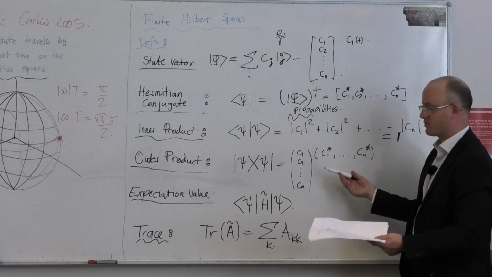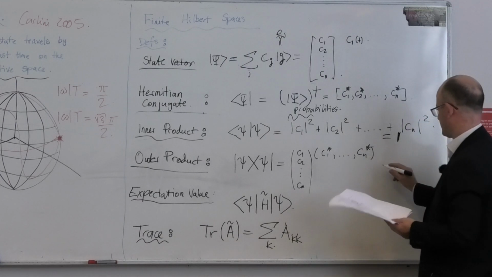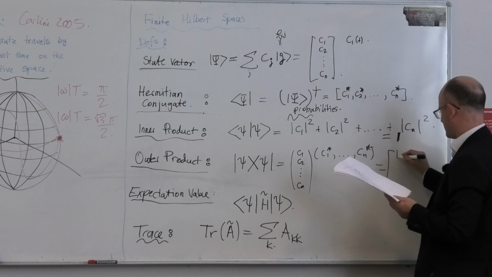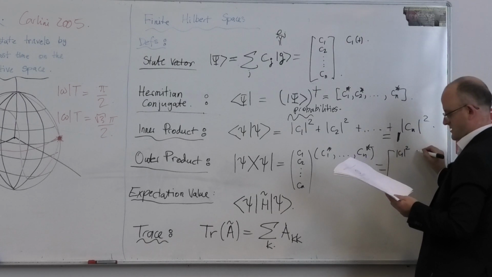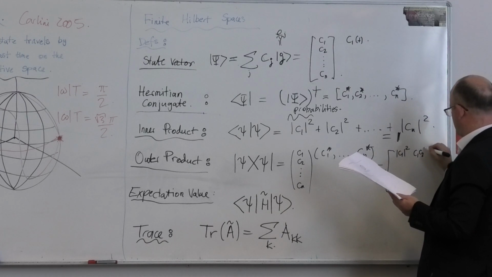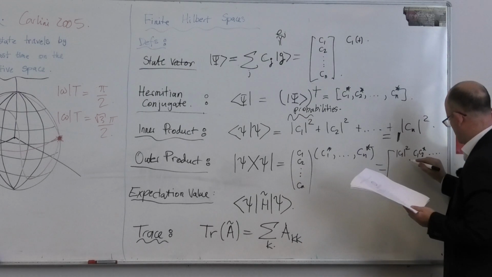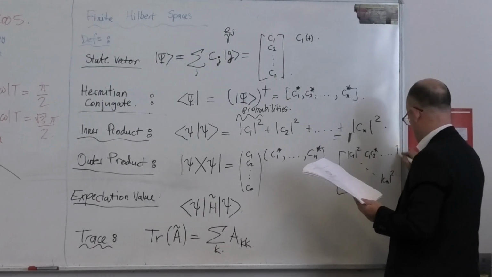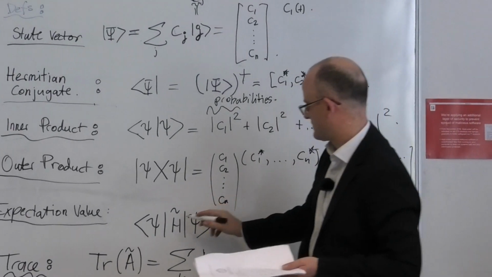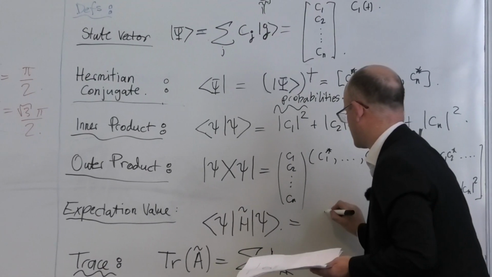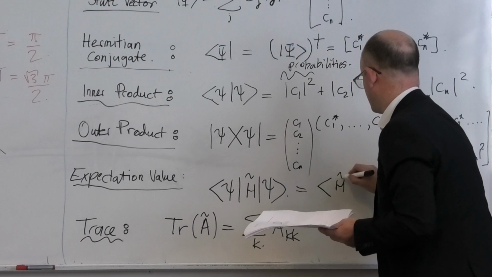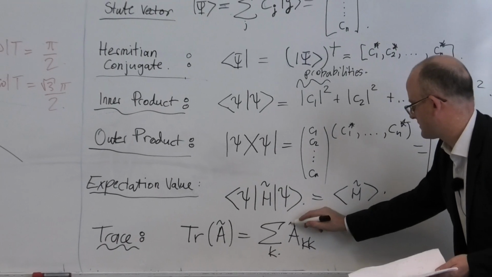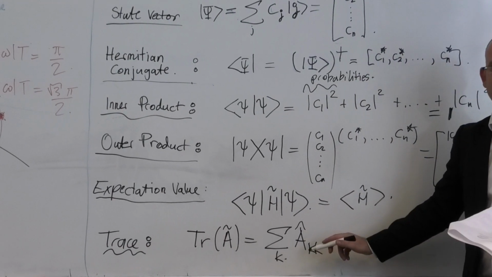Now we can do other things as well. We can make an outer product, which is just going to be some matrix. I'm not going to write out the whole thing because it's complicated. I have to do that all the way down to C_n squared. And we call this thing the expectation value. And the final thing that we need to play this game is the trace.